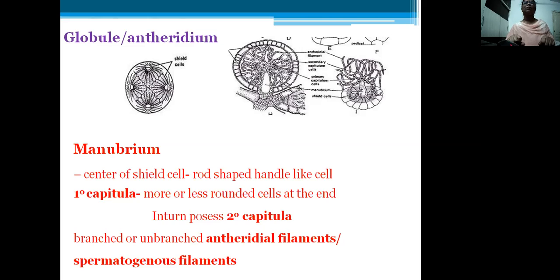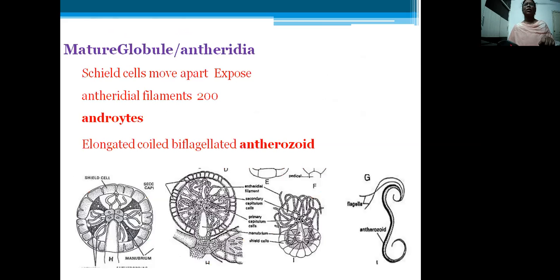This antheridial filament is made up of 1 to 200 cells. From each cell, a single antherozoid is formed. This thread-like structure, the antheridial filament, is also called the spermatogenous filament, which produces antherozoids. These antherozoids are spiral with two cilia.